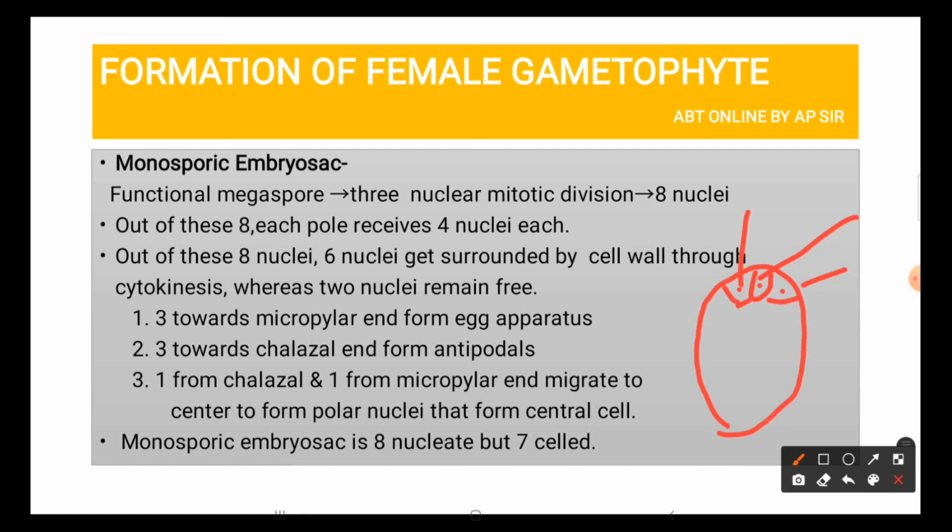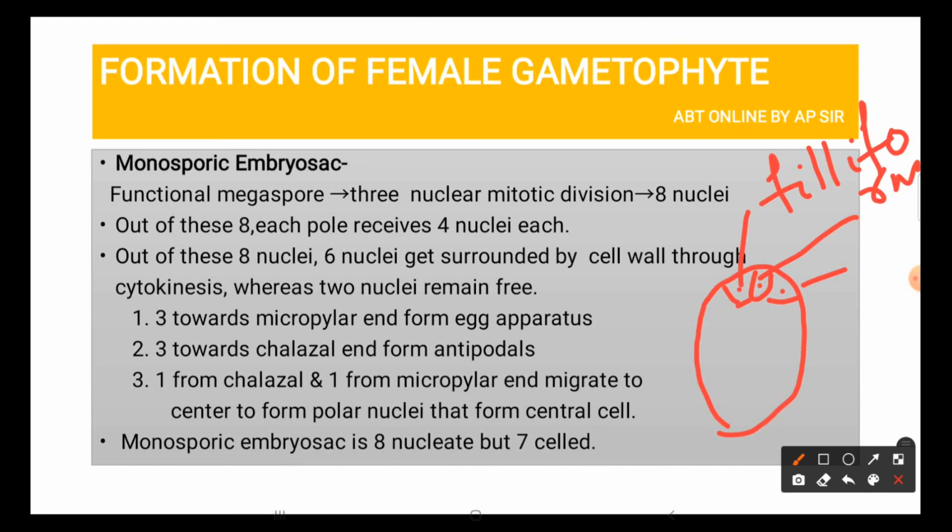The synergids have special cellular thickenings which are called the filiform apparatus. What is that called? Filiform apparatus. What is the function of the filiform apparatus? It plays a major role in pollen tube guidance and reception, got it.